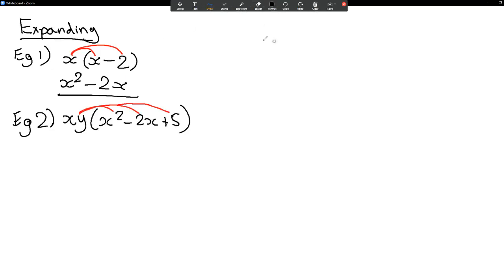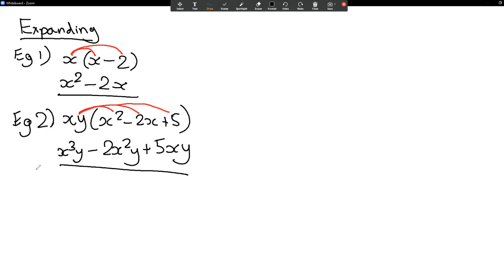So you can do xy times x squared, which is x cubed y, multiplied by xy times minus 2x, which is minus 2x squared y, and then 5 times xy, which is 5xy, like that. And that's our answer for that.